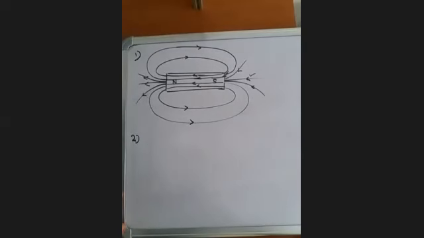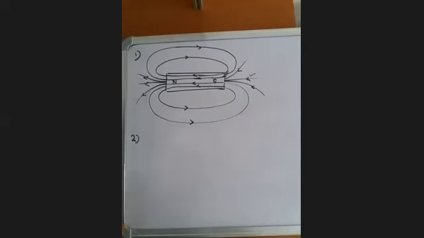That is called electromagnetic induction. So with change in magnetic field linked with a circuit or a coil, electricity is produced. So that is why it is called electromagnetic induction.